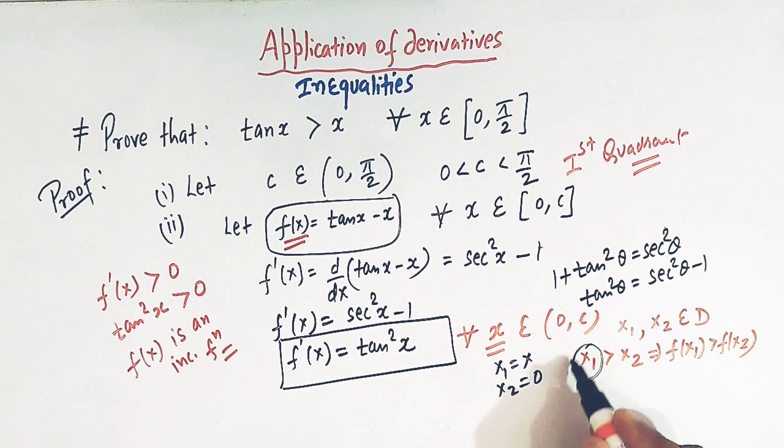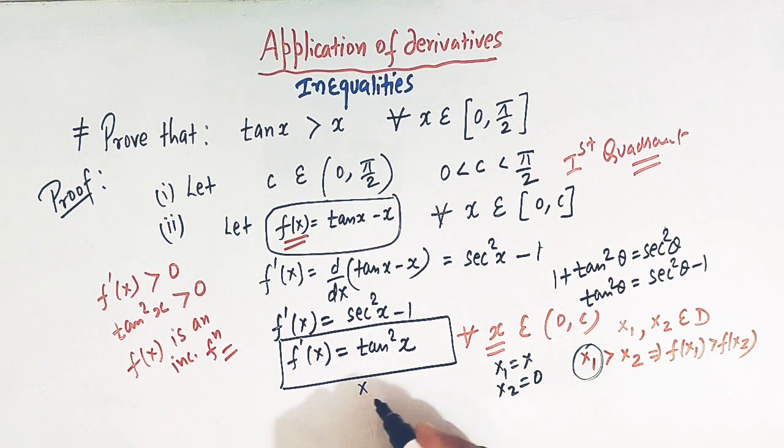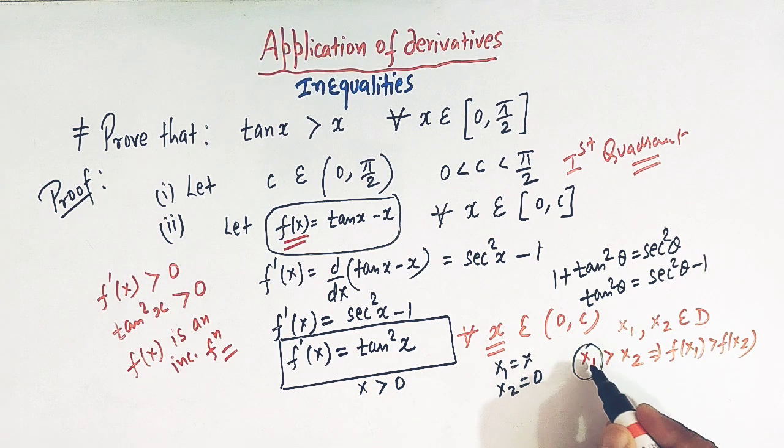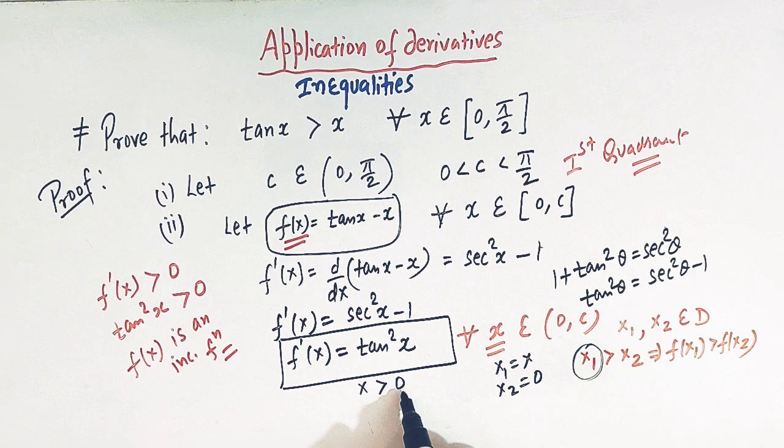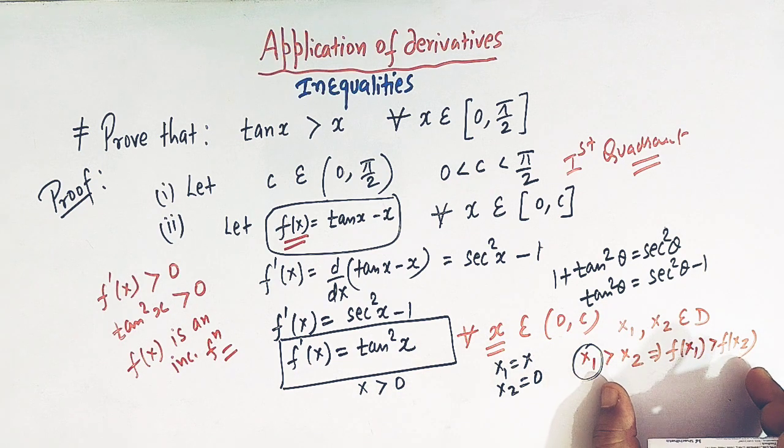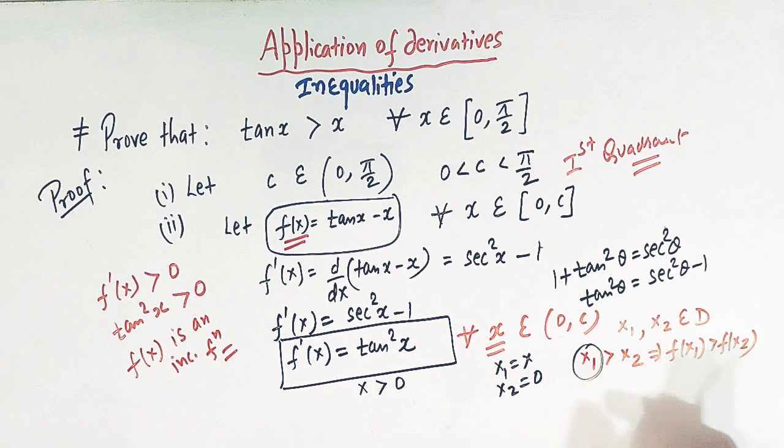From this, we have x greater than 0. So here we are assuming the 2 points x1 and x2 as x and 0, and if x is greater than 0, then by the definition of an increasing function, f of x1 should be greater than f of x2.